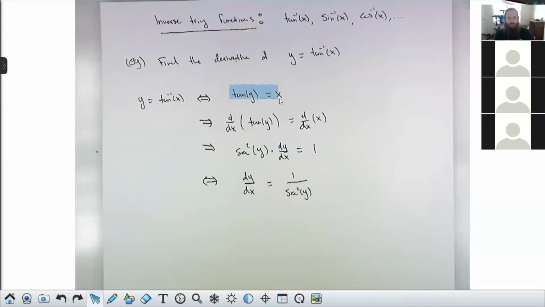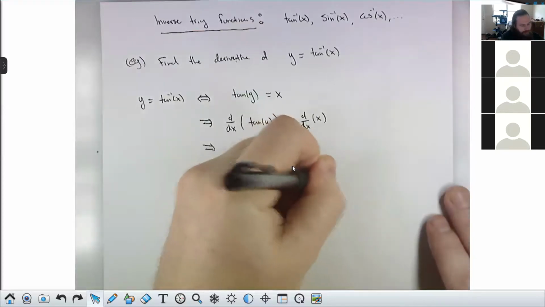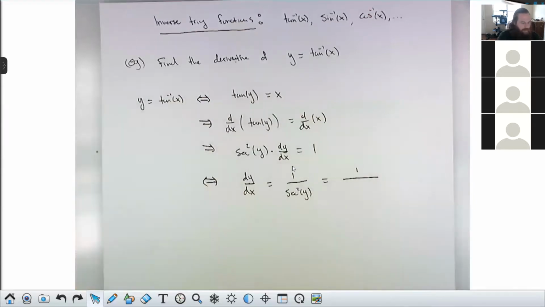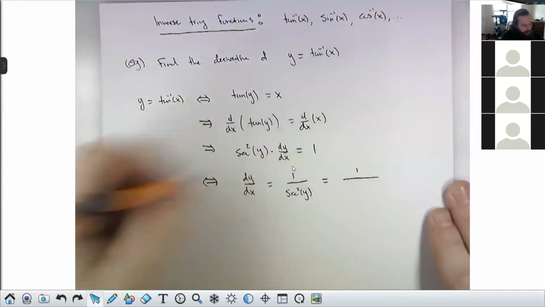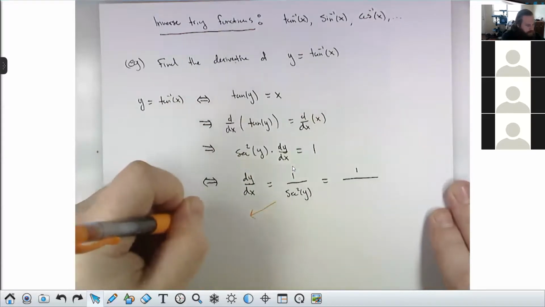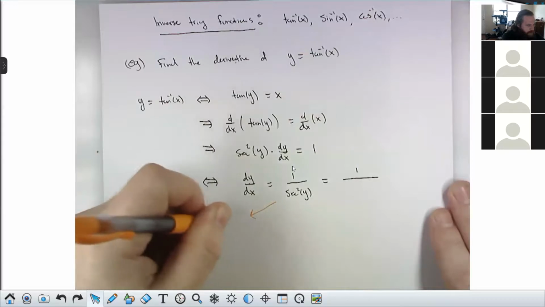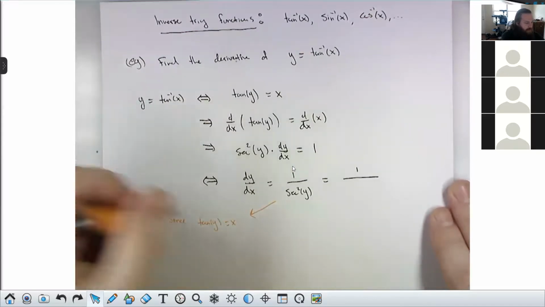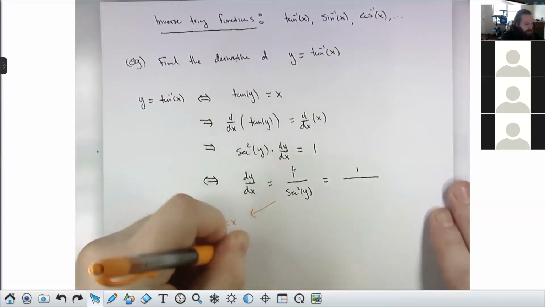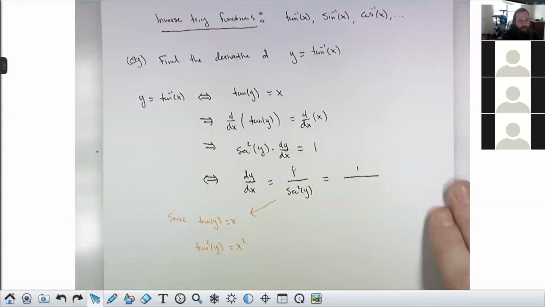So the trick is going to be to take this piece here. Yeah, exactly. We can substitute. I can say, okay, well, secant squared of y, there's a few ways to do this. I'll show you what I think is the slickest way. I'll do it over here. Since tangent of y is equal to x, tangent squared of y is equal to x squared.